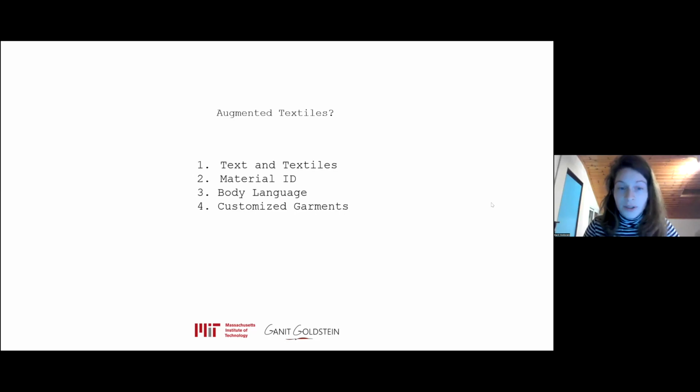Is it a new language? Is it connected to a different language that we don't know yet? And then how we are building this customization of garments through this augmented feature.